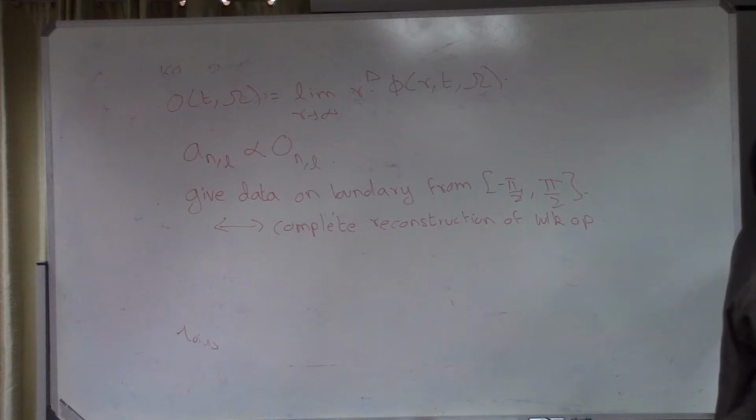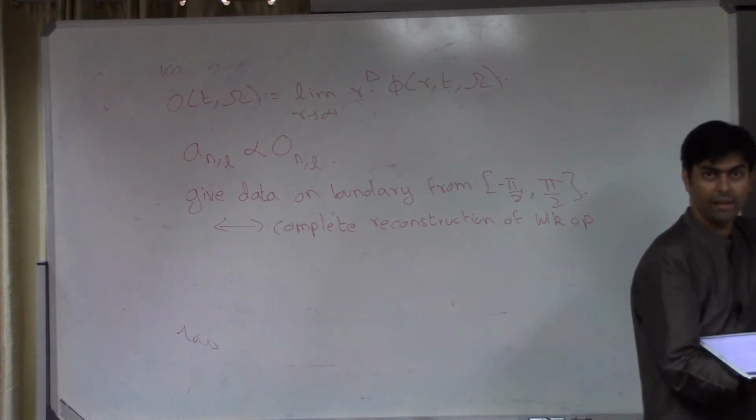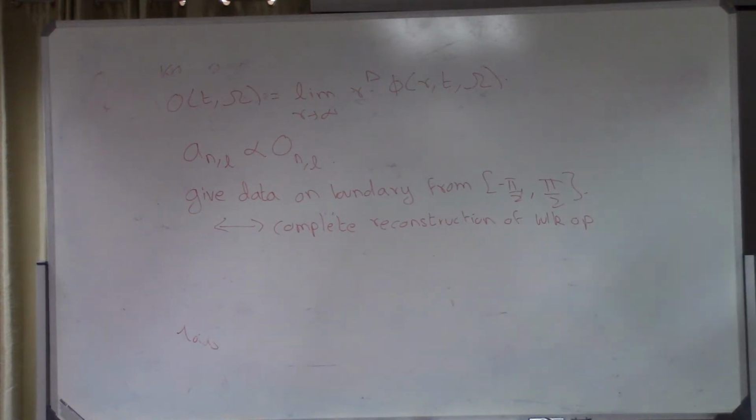So if I told you O of t, that's like telling me the boundary values of phi of t here, and then you could solve the equation of motion to recover the value of phi of t on this Cauchy slice, and then you would be able to evolve it forward and backward using the bulk Hamiltonian. So if I give you data on this full light crossing time with a band that's this big, I've told you everything there is to know about the bulk field, about this empty AdS background.